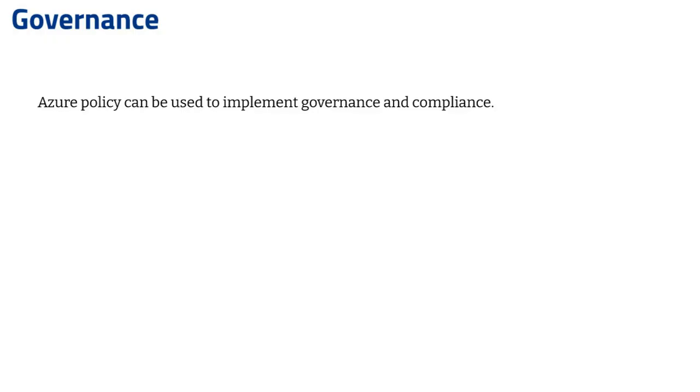Whether you are deploying infrastructure as a service or software as a service, cloud features support governance and compliance. Tools like Azure Policy can be used to implement governance and compliance.